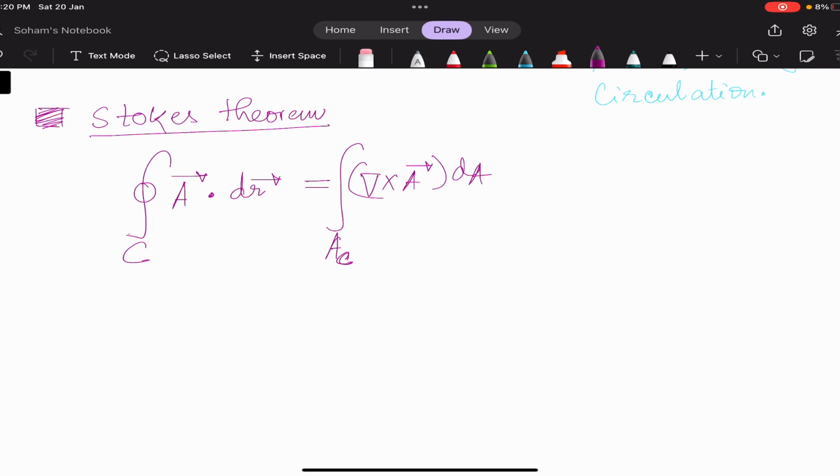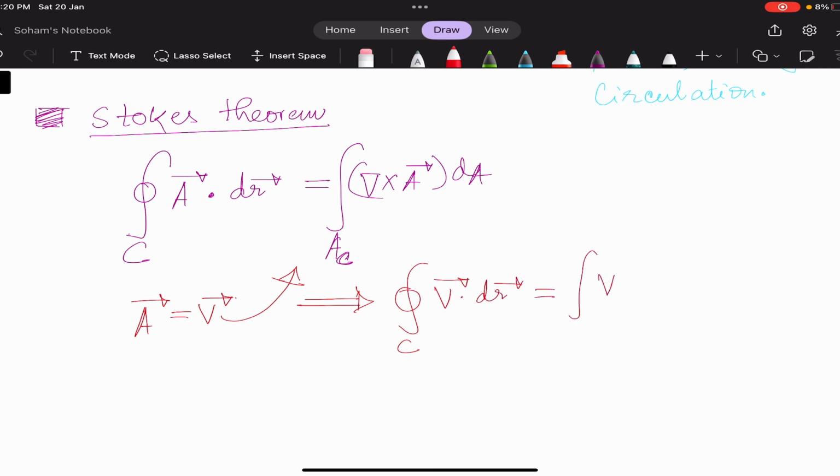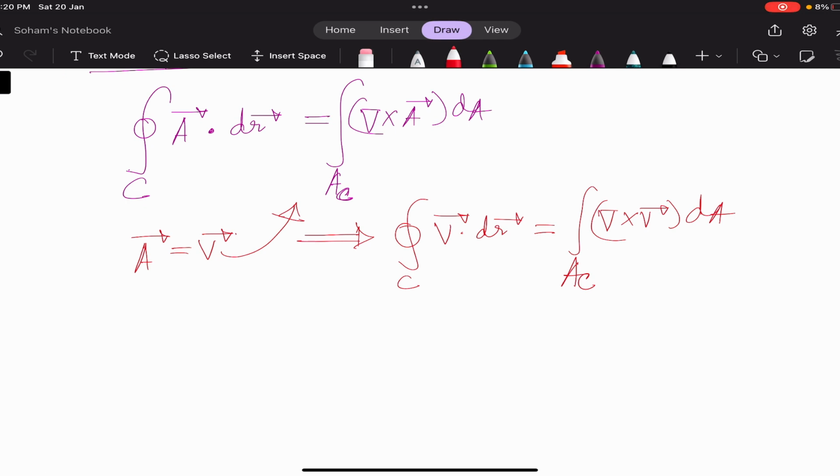Now put A equal to V, the velocity vector. So this will give the cyclic integral of V dot dr equal to curl of V into dA over the area enclosed by the contour.